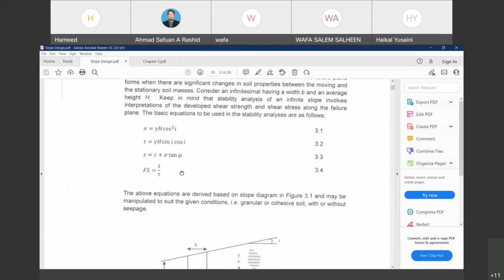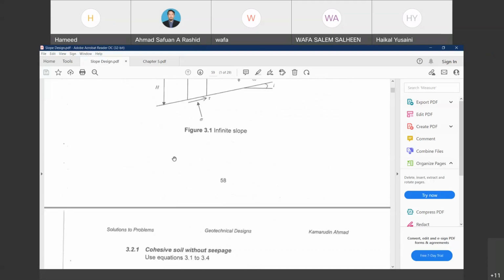In this example, Dr. Kamaruddin has divided it into 4 situations. The first, 3.1 to 3.4, is suitable for cohesive material, where they have C and definitely a phi value.